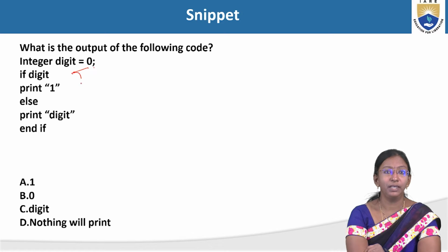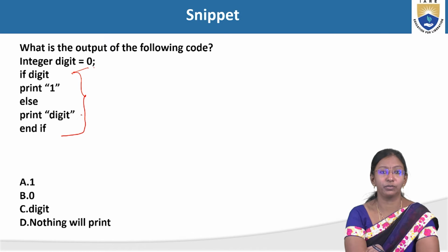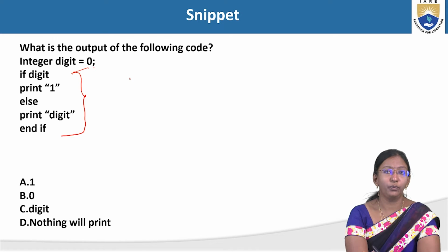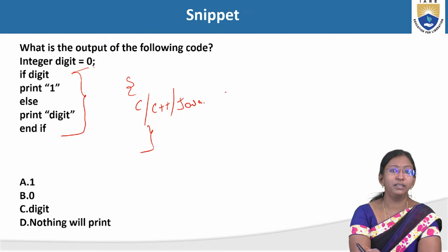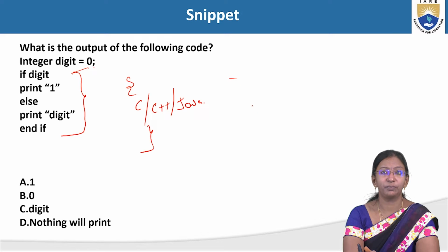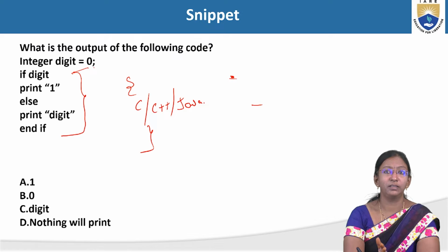Then they have given an if-else structure. As this is a pseudo code, they are not going to use any curly brackets which we generally use in C, C++ or Java. Neither have they used any indentation, as with the default tab or 3 spaces in Python.